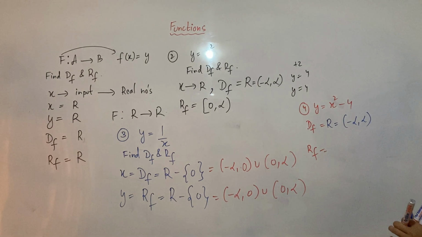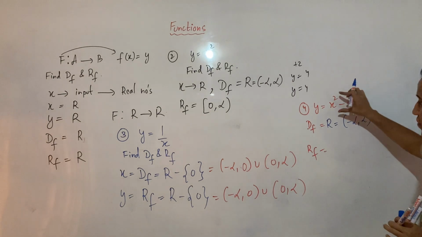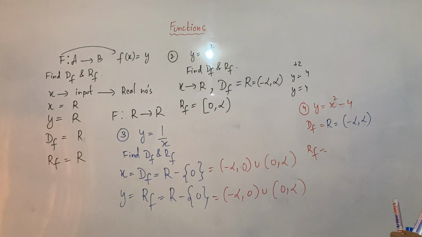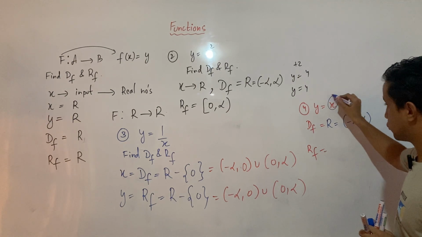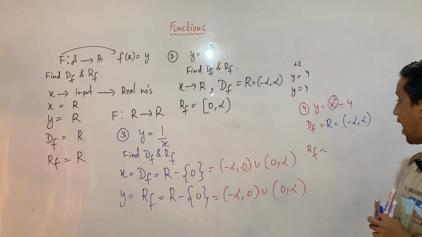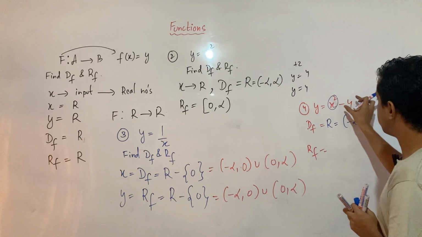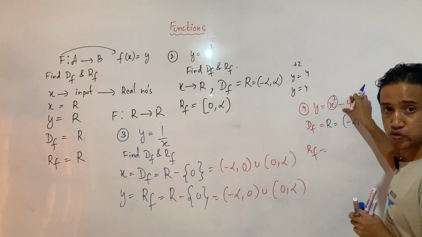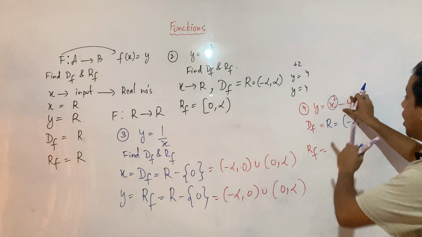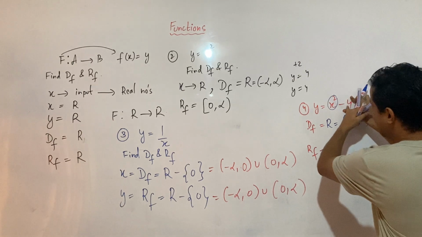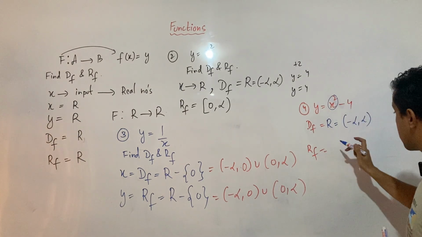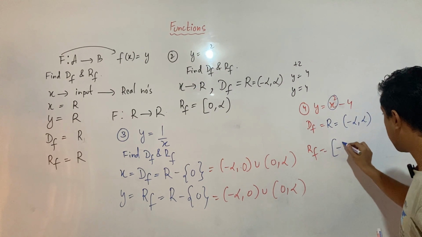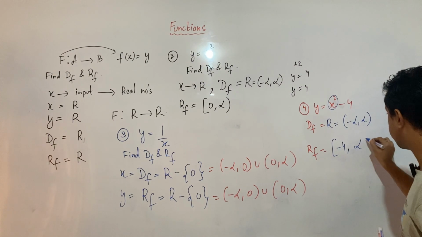Now what about the range? See here, negative values are going to give us positive values when squared, right? And we are just adding minus 4 to it, right? So the value cannot be less than minus 4, right? So your range must go from minus 4 to infinity.